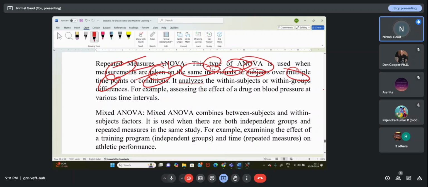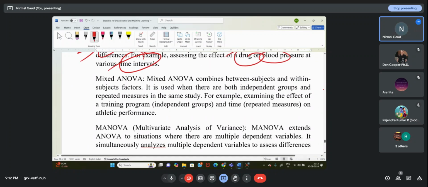That means the same test I'm doing over a patient. I'm looking forward to find the blood pressure at different time intervals. This is repeated measure ANOVA.